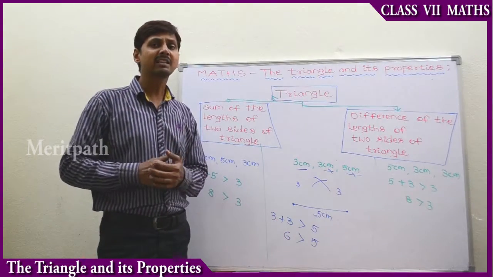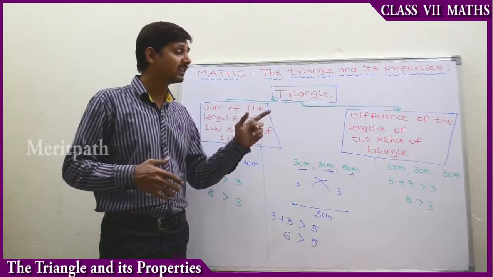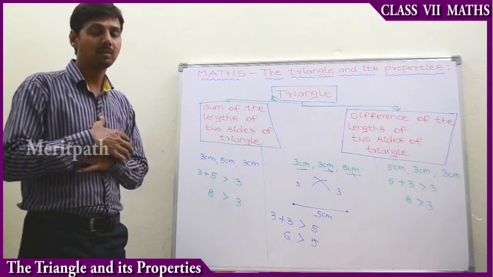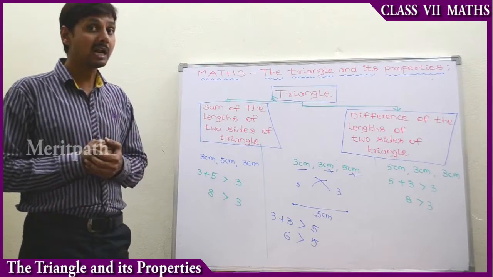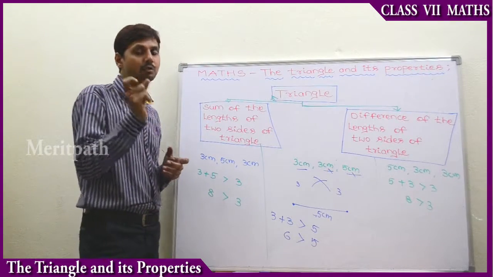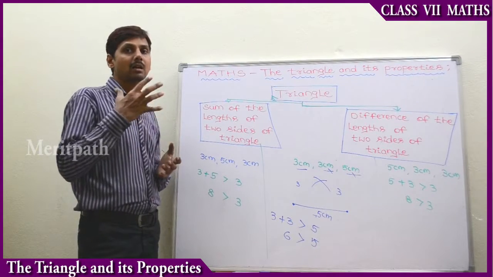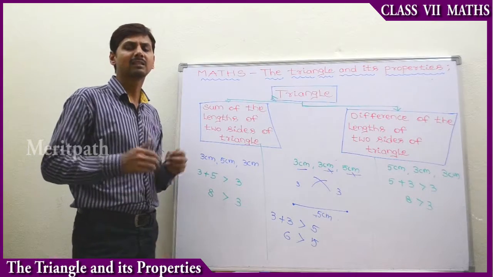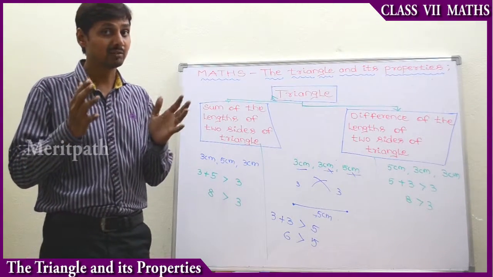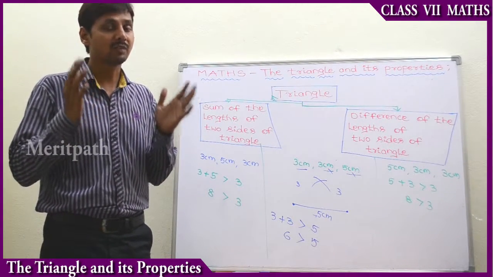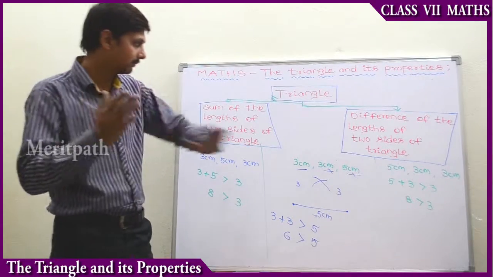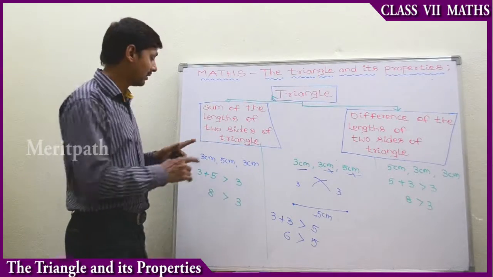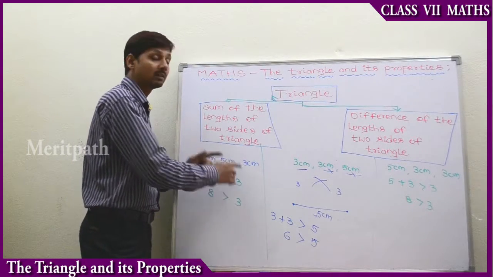Then we take 5 centimeters, 3 centimeters and 3 centimeters. In all the combinations, the sum of two sides of a triangle is greater than the third side.